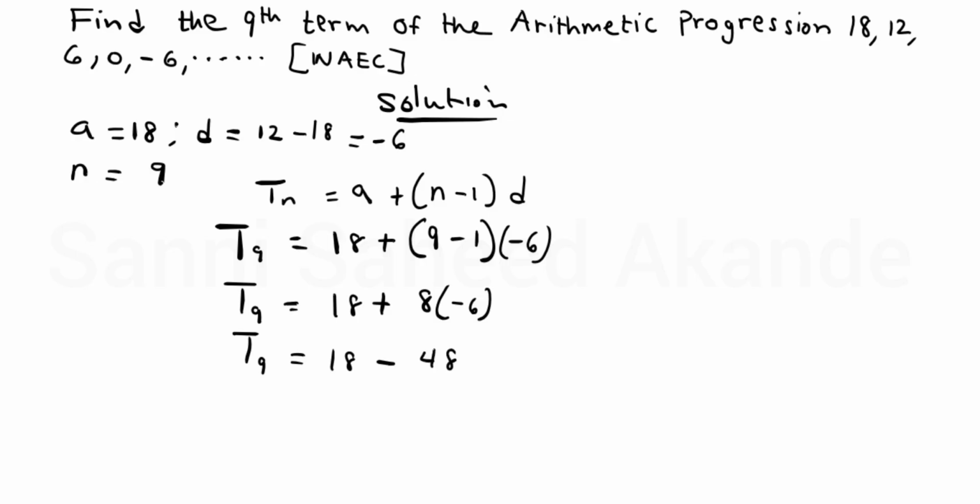So T9 will be equal to 18 minus 48, which gives us minus 30. Alright, so the ninth term of this particular AP is minus 30. Is that understood? Alright, so now let's take a look at this question also.